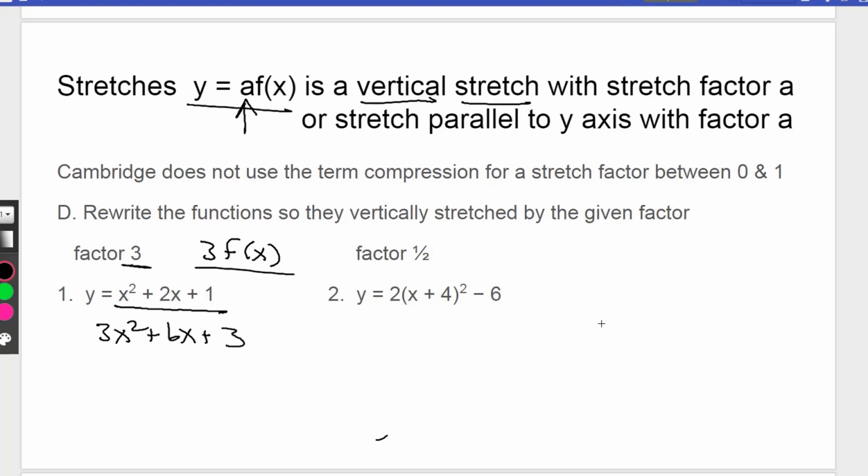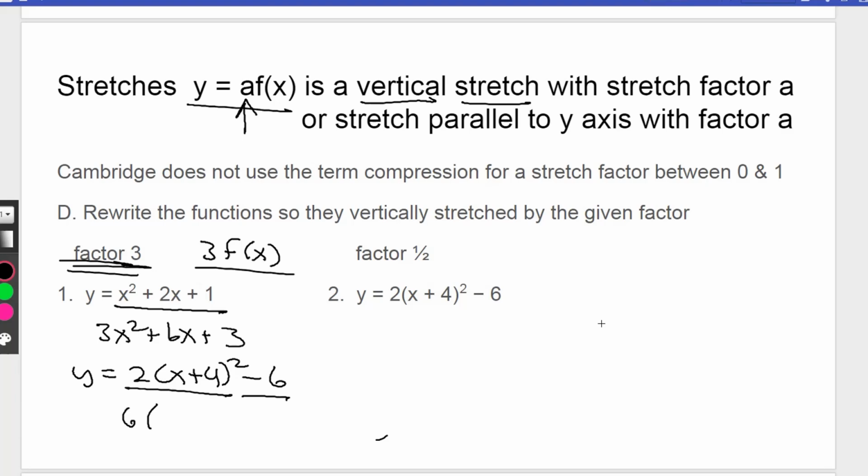You'd be amazed how many times people do this and they only do it to the first thing. Here's the most common one: if they had this one over here, y equals 2 times (x plus 4) squared minus 6, and I want to do a stretch by a factor of 3 to this one, not only do I have to multiply this by 3, but I've got to multiply this by 3.